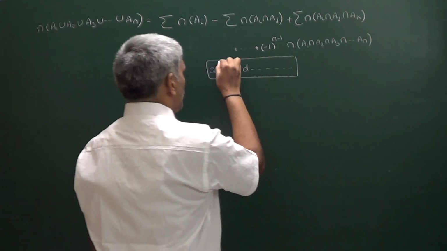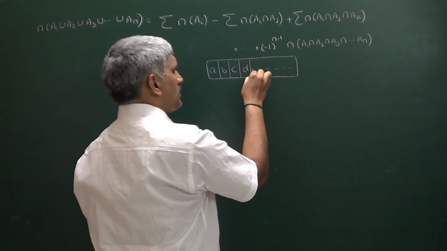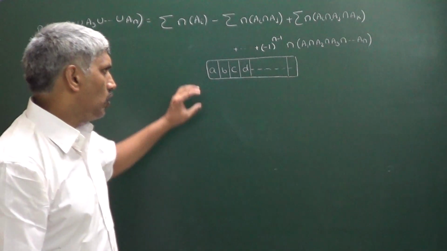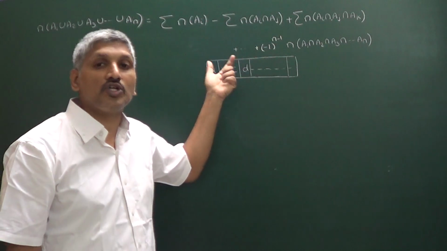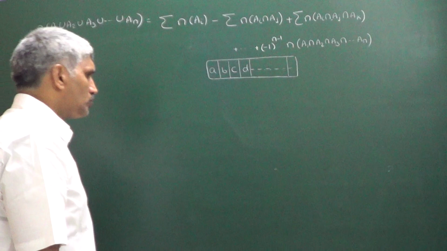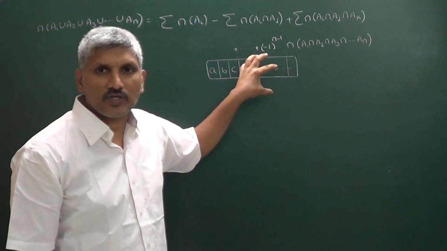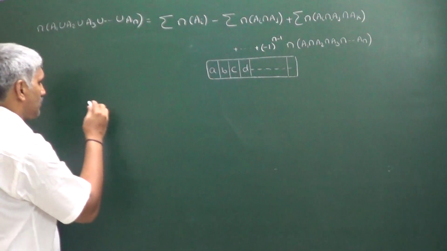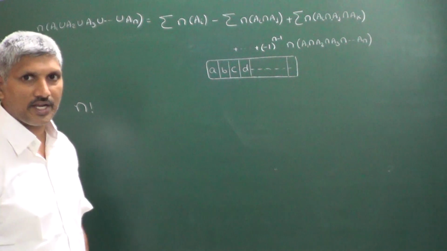These n different objects we have to fill in n numbered boxes, so that none is in its original position, which is derangement. In total, these n letters can be arranged in n factorial ways.